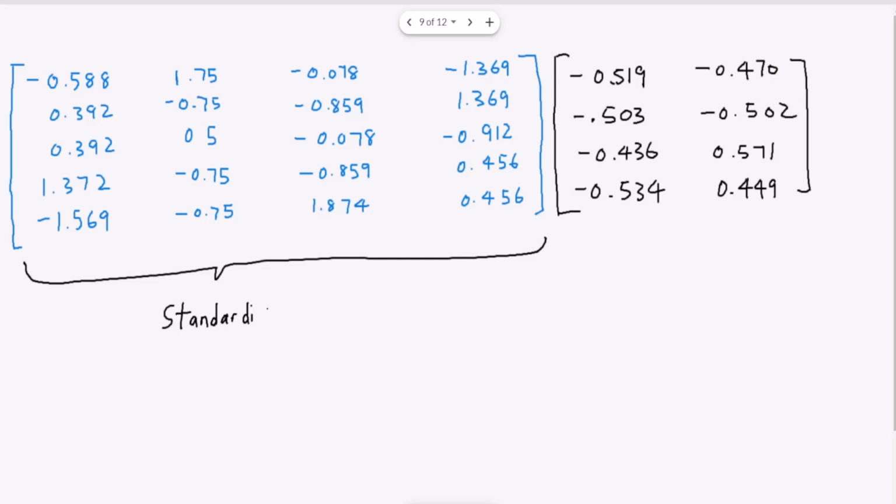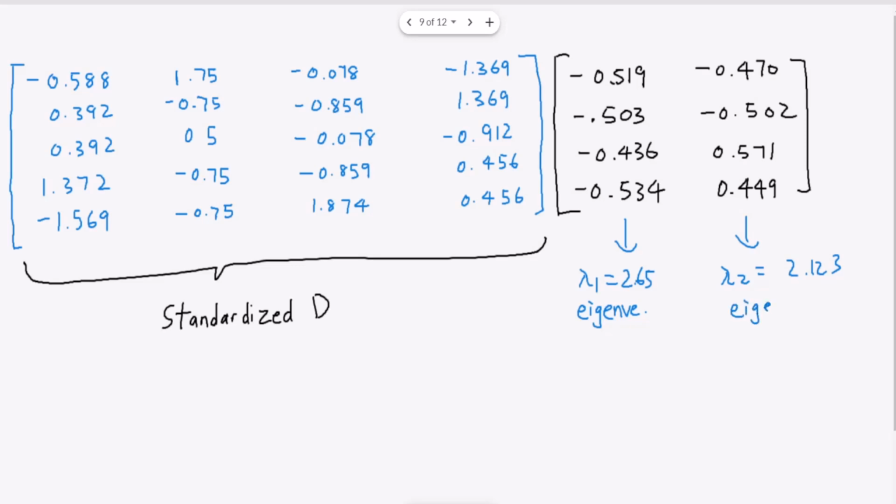Standardized data set, standardized D, and then if we look at the matrix that's being multiplied on the right, this was just our eigenvector corresponding to our eigenvalue of 2.56. And then this is the eigenvector corresponding to the eigenvalue of 2.123.